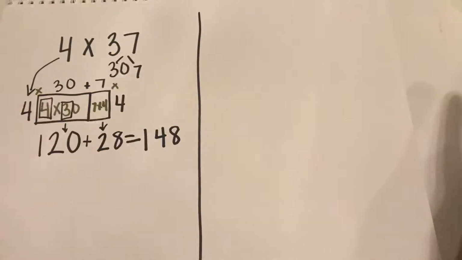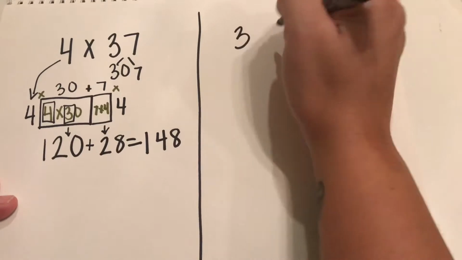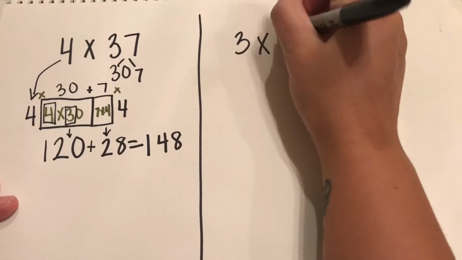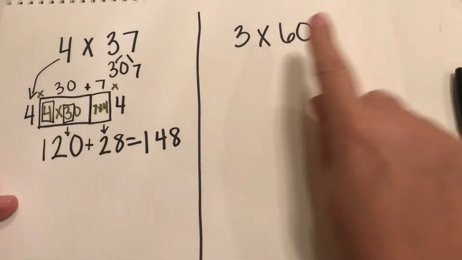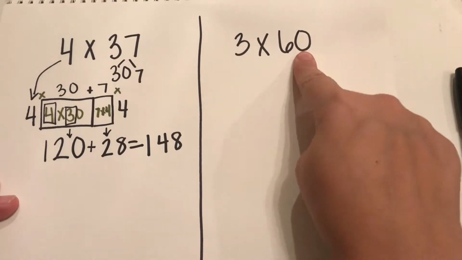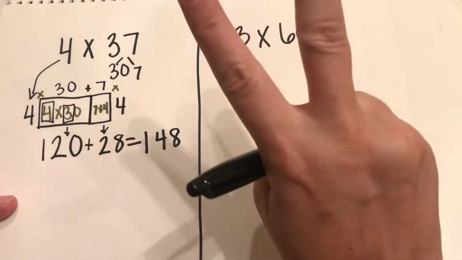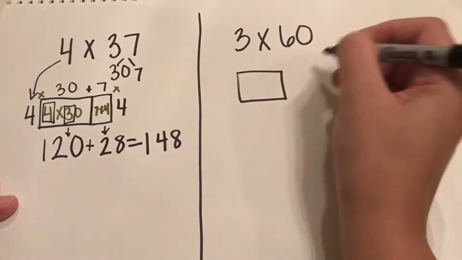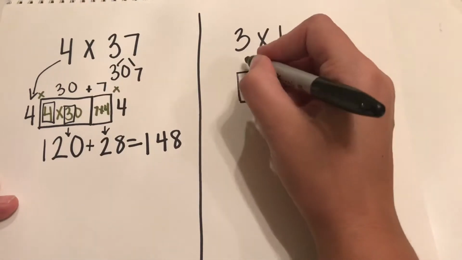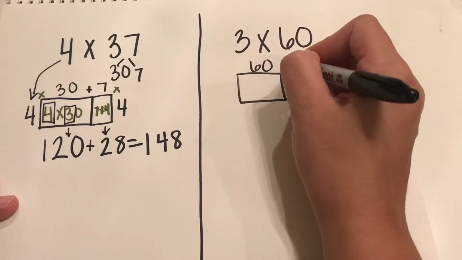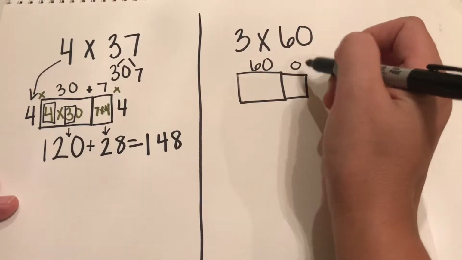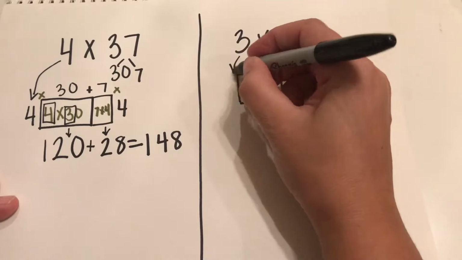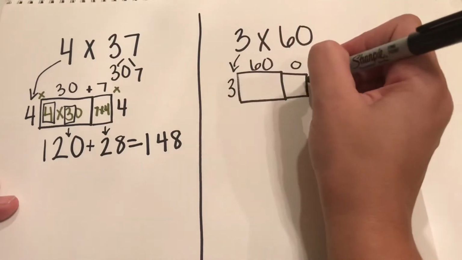Now what do you do if you have a single factor multiplied by a double digit number, but that double digit has no ones? You can do this two ways. First, you can draw, like I did over there, an area model showing our 60 and our 0 because there are no ones. Our single factor multiplies on the side.